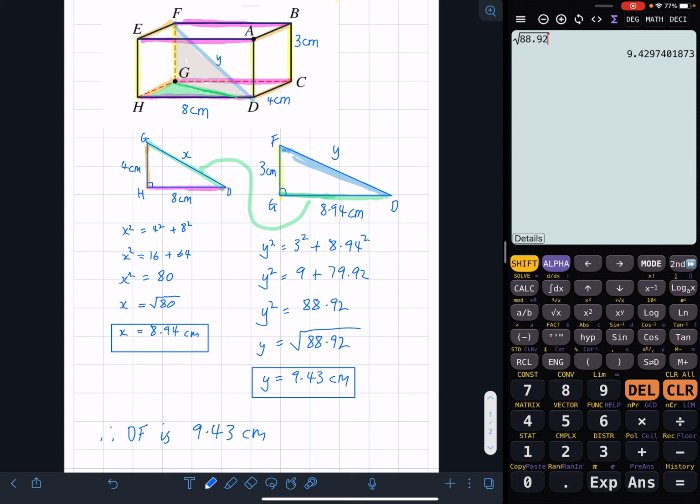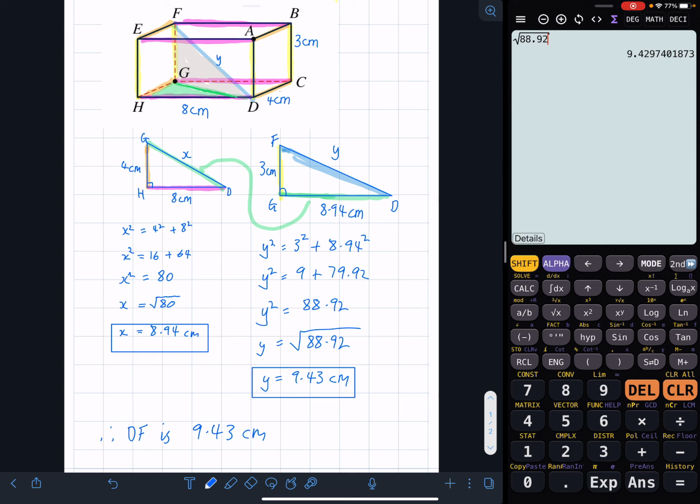A really good tip for solving these kinds of questions is to look at the question and find out the lengths of some of the unknowns. Are they the same as some of the other lengths? For example, all the yellow ones are 3 centimetres, the orange ones are 4 centimetres, and the pink ones are 8 centimetres.